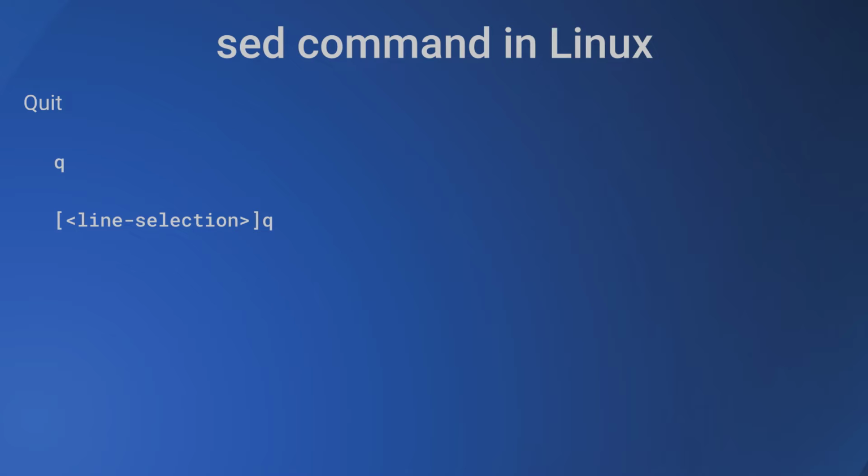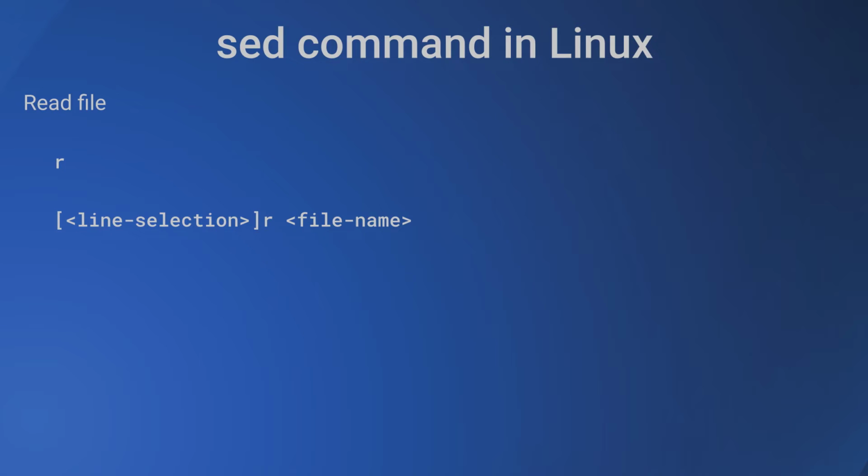The q command is for quit. Optional line selection, then quit. For example, sed '10q' try.c prints the first 10 lines of file try.c and then quits sed. So you just get 10 lines of try.c, which is like the head command.